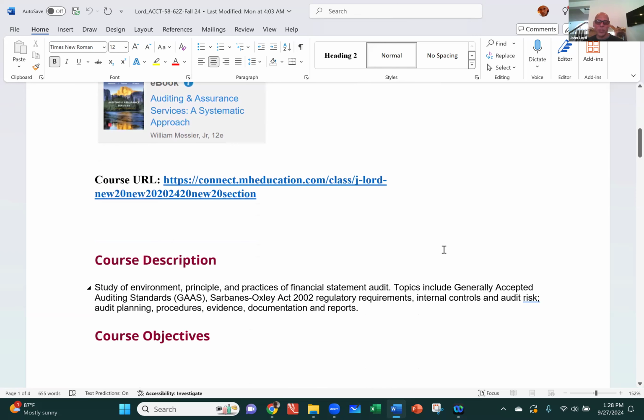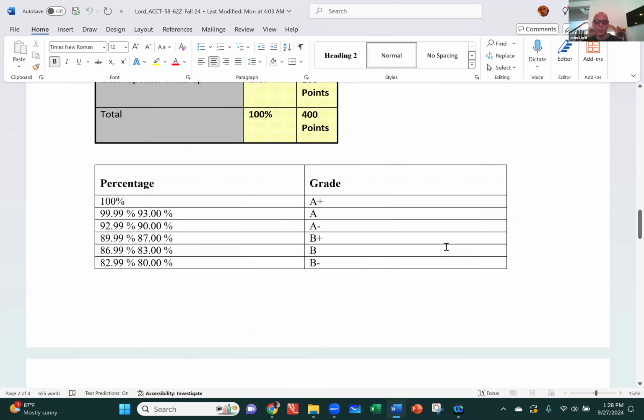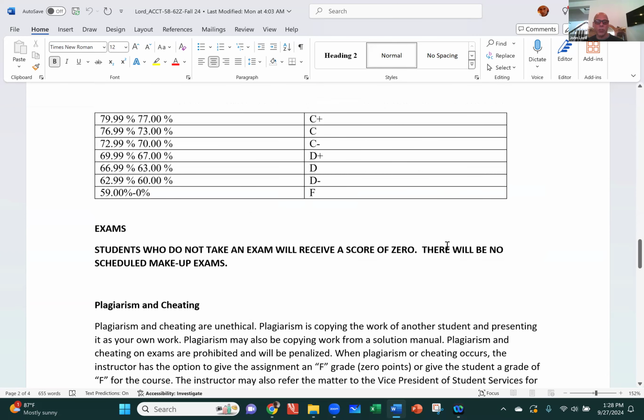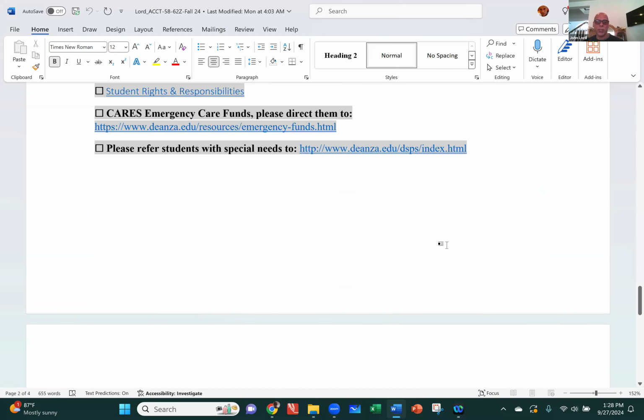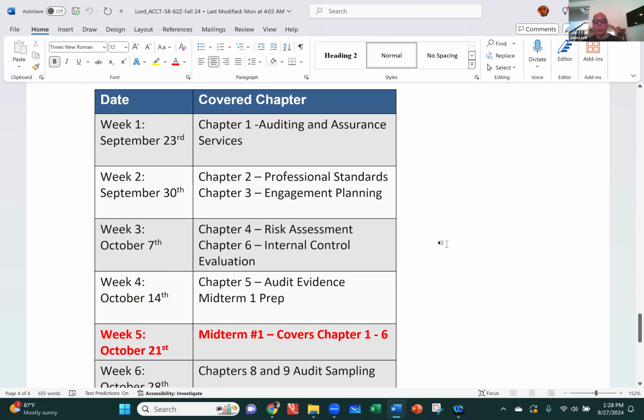Don't text me and say when's the exam, because it's right there on the syllabus. But if you have quick questions, you can text me. Sometimes students will text me and I'll say, hey, call me, because the conversation would be much more efficient than sitting here and typing a page-long text.